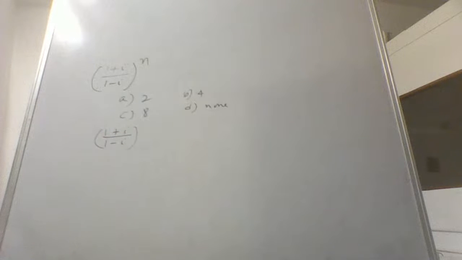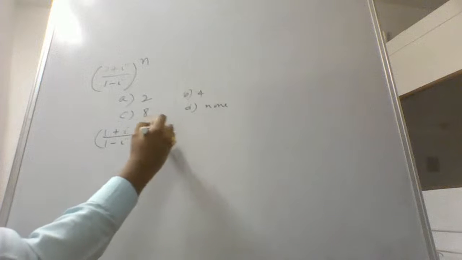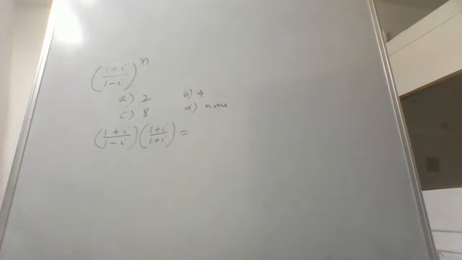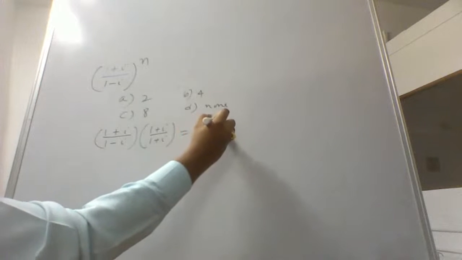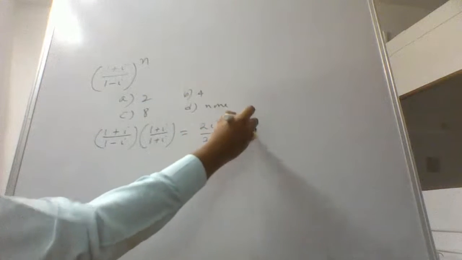The conjugate of this would be 1 minus i and 1 plus i. If I try to simplify this, I get 2i by 1 square plus minus i square, which results to 2i by 2, which is i.